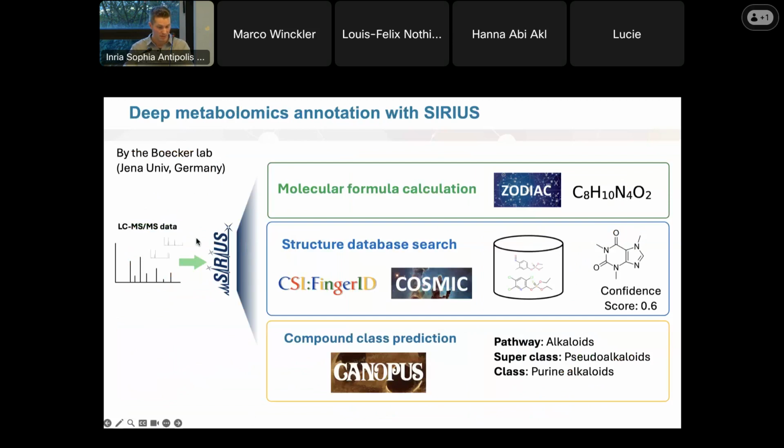So some of these methods I contributed to were developed by the Böcker lab at Jena University. They built a set of tools designed to resolve some of the key steps in the identification process. And so my task was to give a lot of feedback, to test the method and check on the evaluation.